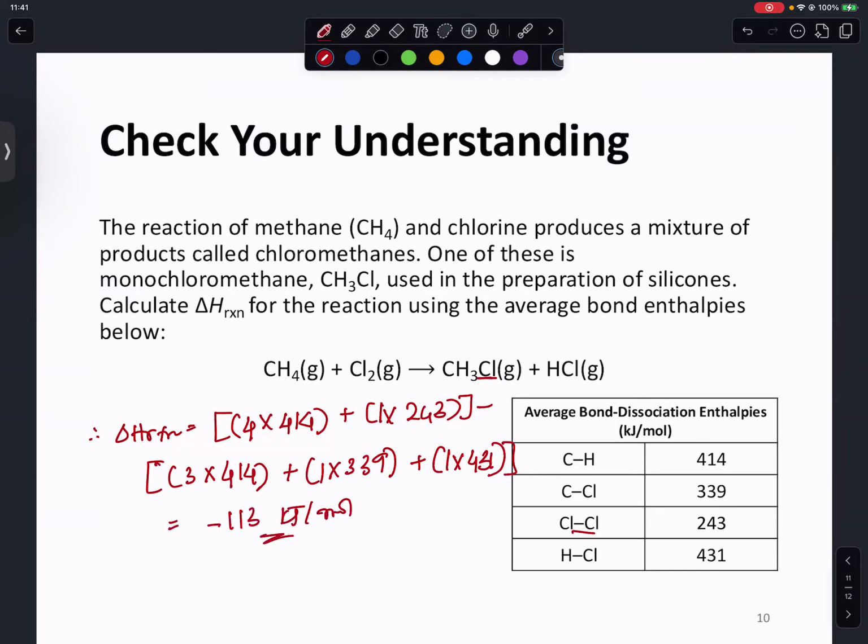So I can say that this reaction is exothermic, and the bonds in the reactants are weaker than the bonds in the product.